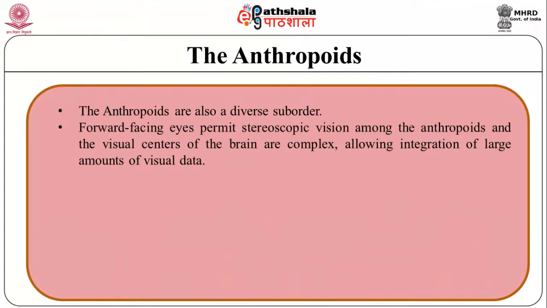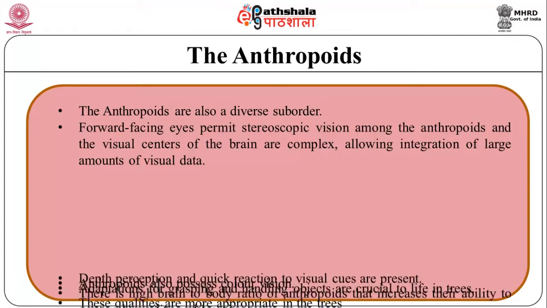The anthropoids are also a diverse suborder, but they are characterized by their own shared set of specialized adaptations. These adaptations mainly allow a more effective use of arboreal environments. Forward-facing eyes permit stereoscopic vision among the anthropoids, and the visual centers of the brain are complex, allowing integration of large amounts of visual data.